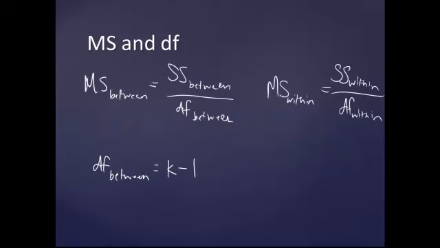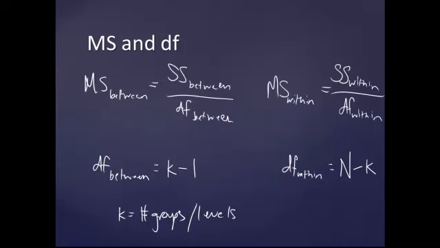And for degrees of freedom within, we're talking about the total number of people in our study minus the number of groups that we have. So that's big N minus k, total number of people, and you subtract out the number of groups that you have. So this k is the number of groups or levels of the independent variable.